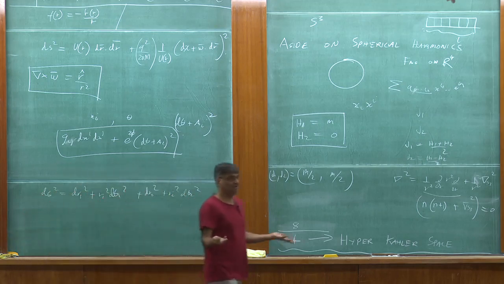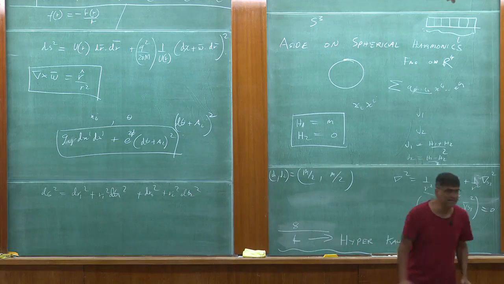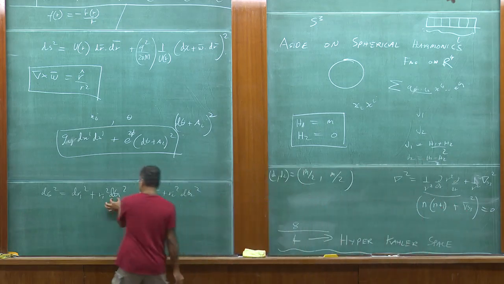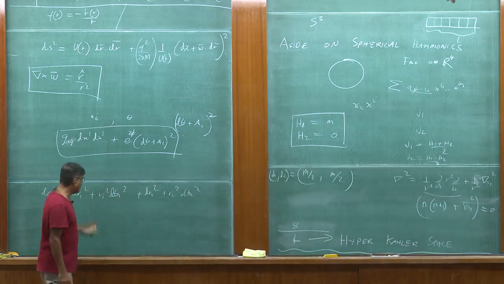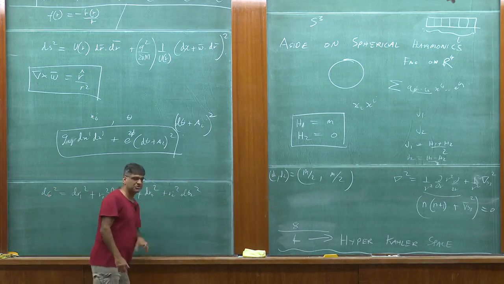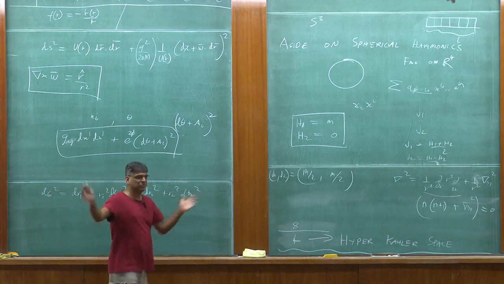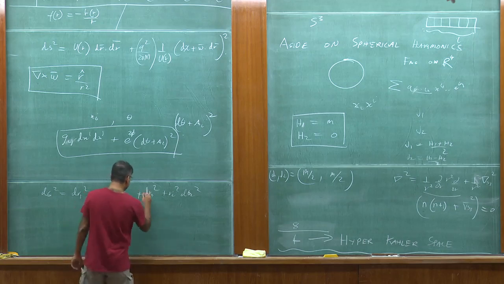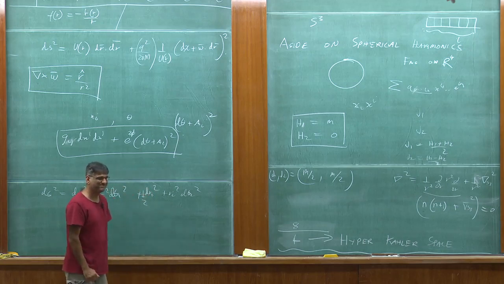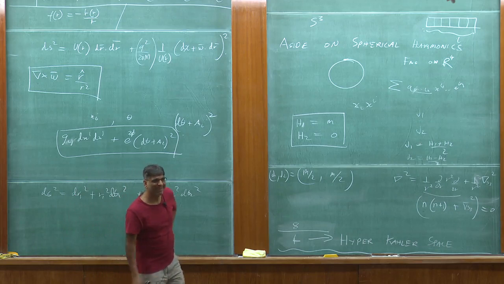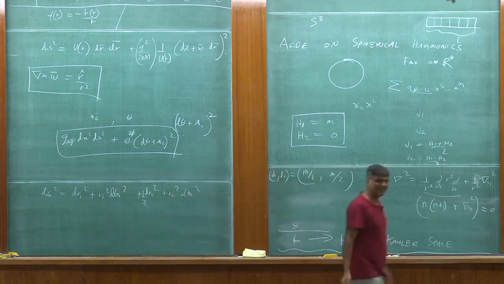This is clearly fine, even though the coefficient of this one form goes to 0 at R1 equals 0, and this one form goes to 0 at R2 equals 0. This is a nice smooth manifold. However, if I change this to half, then it's no longer smooth. You will have a conical deficit at R2 equals 0.